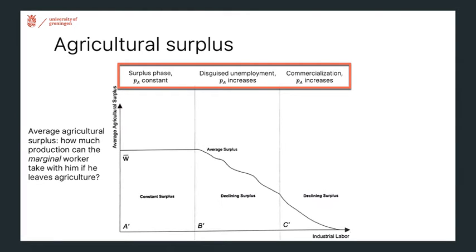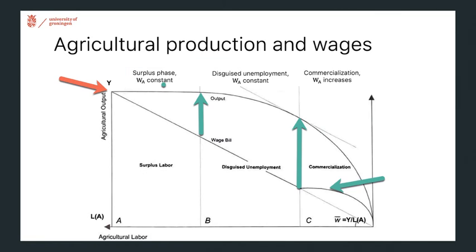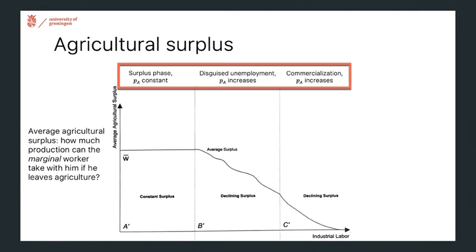We can also frame this in terms of the surplus. And what this figure shows is not the total surplus. The total surplus is the distance between the production function and the wage bill, but this is about the average surplus. And the average surplus is answering the question, how much production can the marginal worker take with him if he leaves agriculture?